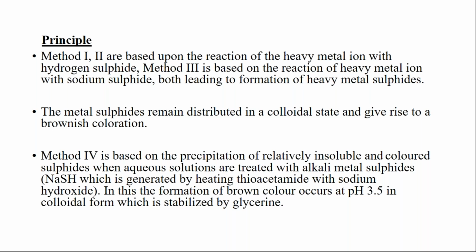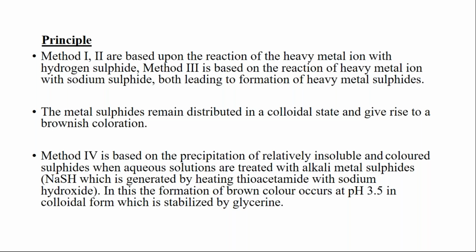It's as simple as that. Heavy metal ion reacts with your sulfides to give the heavy metal sulfides. These metal sulfides remain distributed in a colloidal state and give rise to a brownish coloration. That is your end point. The color that you are going to observe will be a brown color.